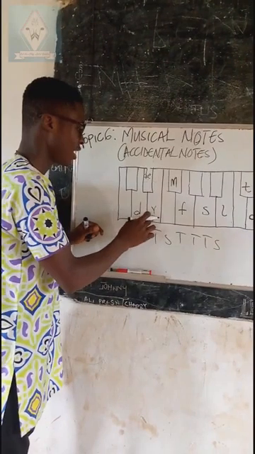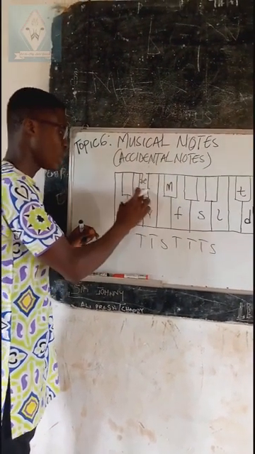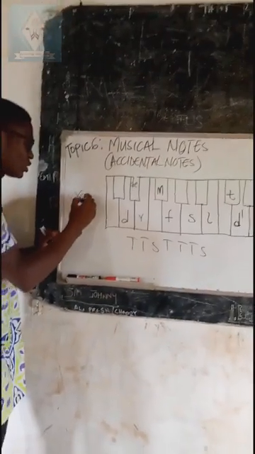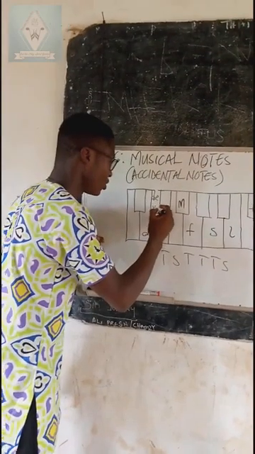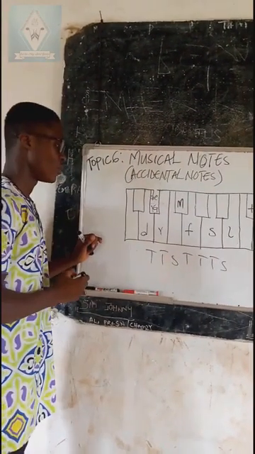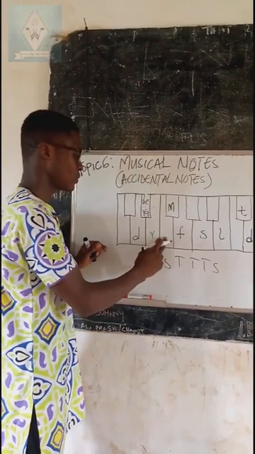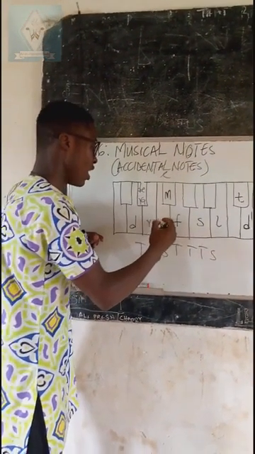If I flatten re, my endpoint will be here because flattening entails moving a semitone behind. So if I flatten re, I will add A to it. So this is the second name of this key. Now if I sharpen re, this is my endpoint. What do I do? I add E to re to have the name of this note.